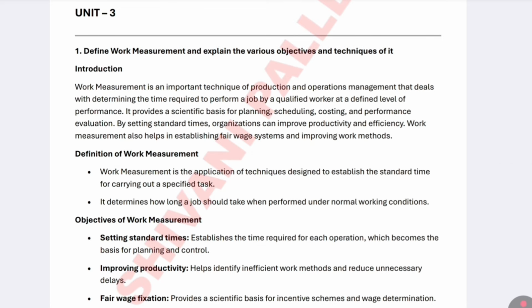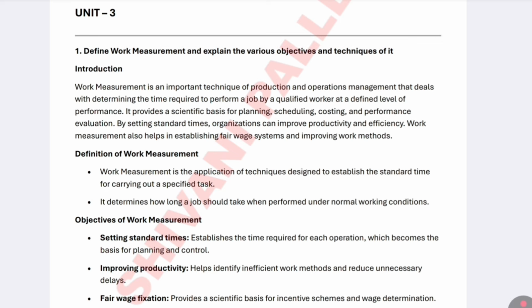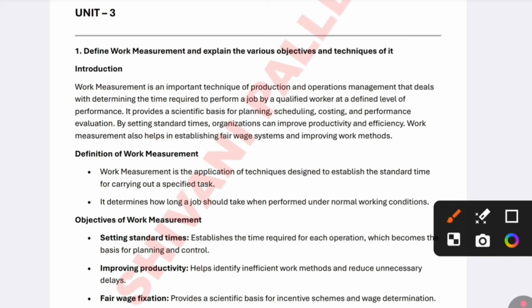So the first important question is: define work measurement and explain the various objectives and techniques of it. Work measurement is an important technique for production and operations management. Why? Because it deals with determining the time requirement to perform a particular job with a qualified worker, how much time is required and how much level of performance is required.